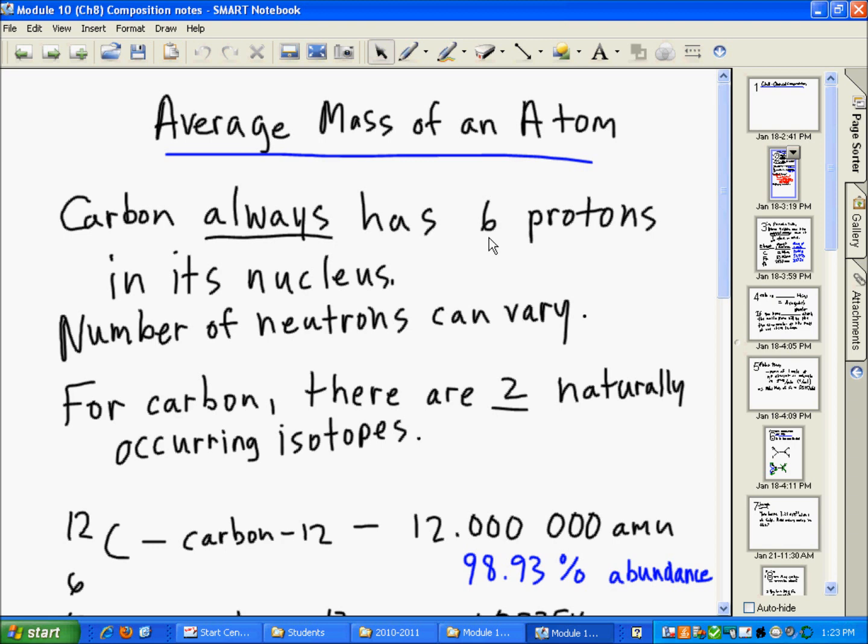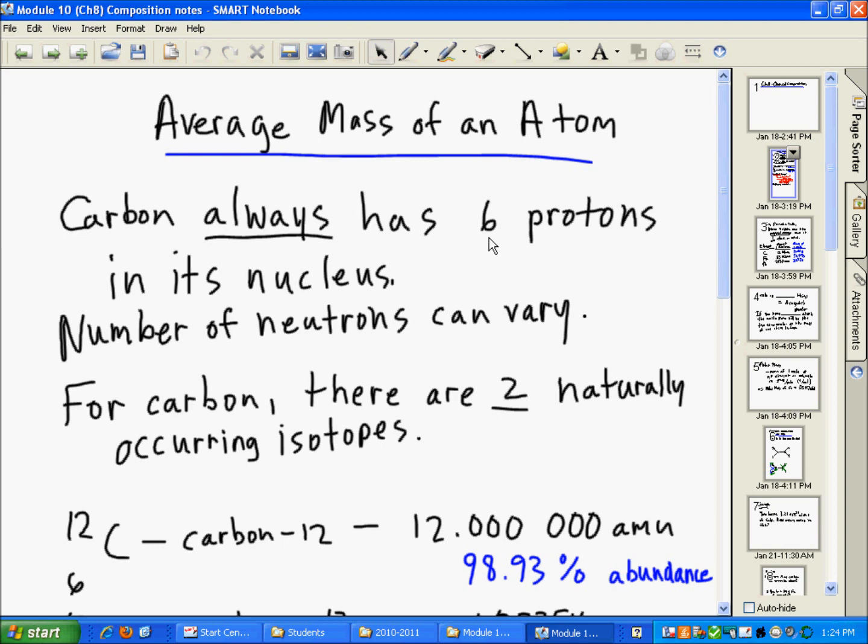So the periodic table is organized by atomic number, which is the number of protons in the nucleus of an atom. So what makes an element is the number of protons. The number of neutrons can vary, the number of electrons can vary, but it's the protons which make it that particular element.